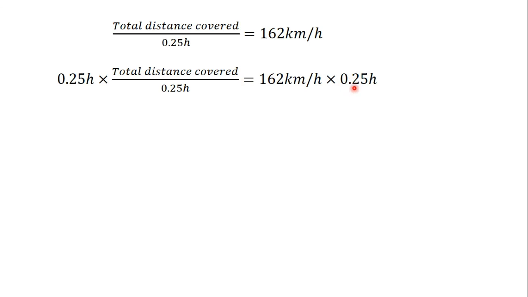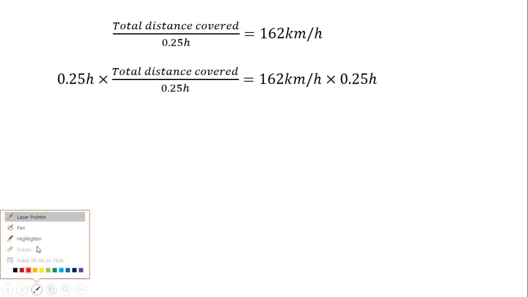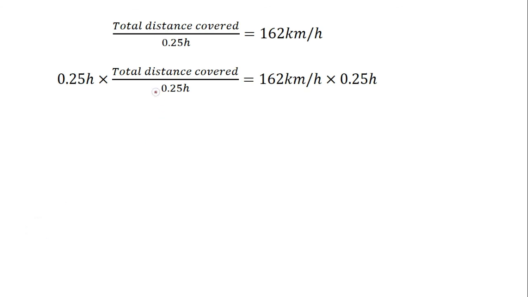So we multiply the left hand side by 0.25 hours. We multiply the right hand side by 0.25 hours to remove the fractions. When you do that, you see that 0.25 and 0.25 here will cancel each other out. So you have the total distance covered to be equal to 162 kilometers per hour times 0.25 hours. 162 times 0.25 will give us 40.5.